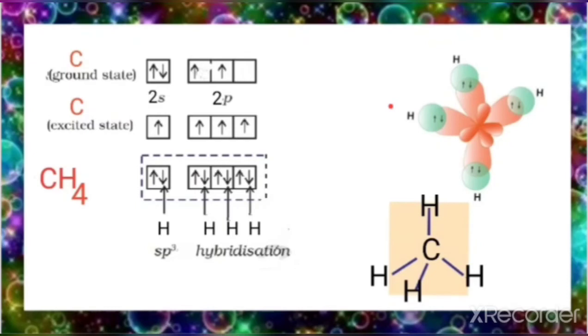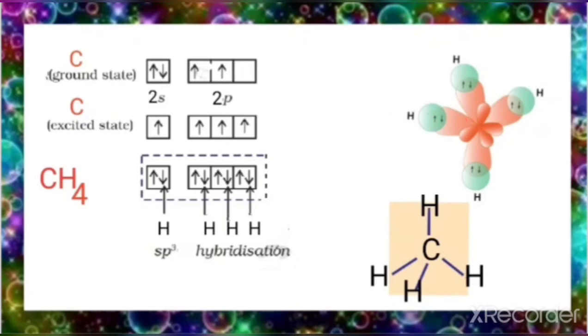So the 1s orbital of hydrogen is overlapping with the sp3 hybrid orbital of carbon. So you have to make a spherical shape for the hydrogen 1s orbital, and the orange shaded one is for the hybrid orbital of carbon.